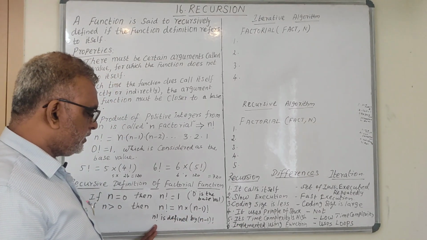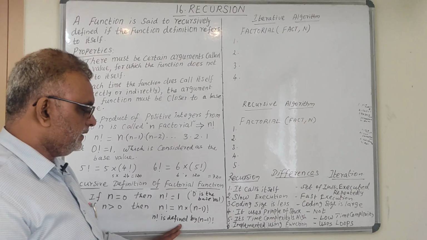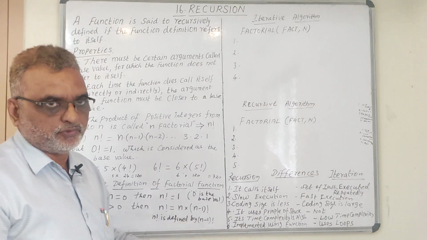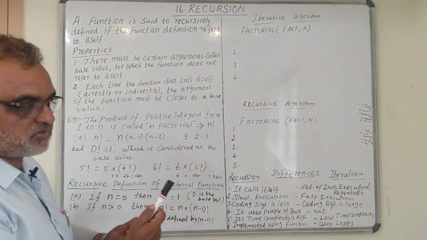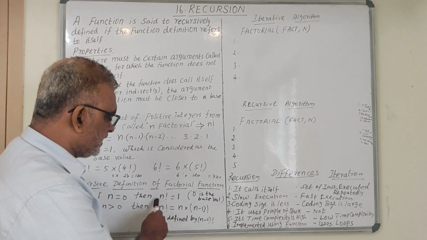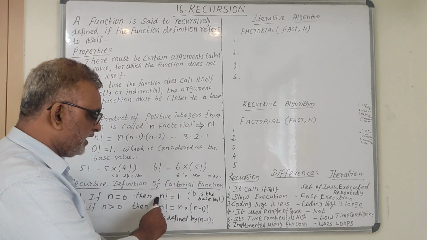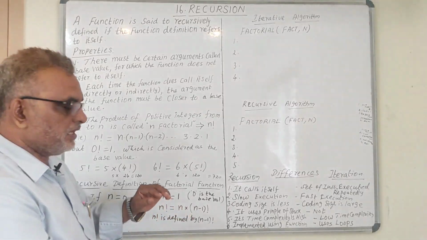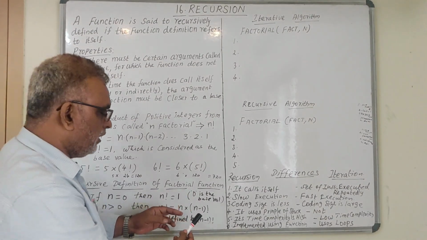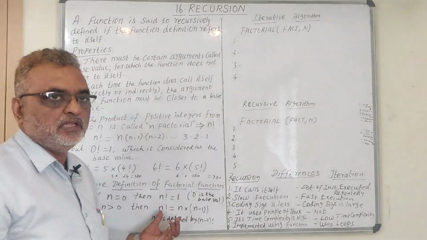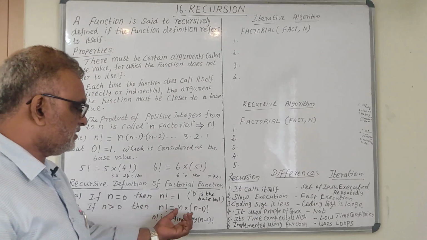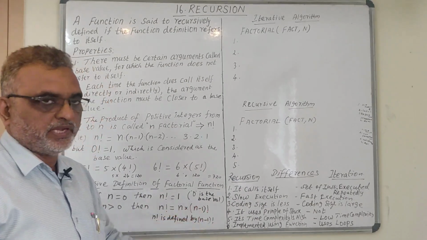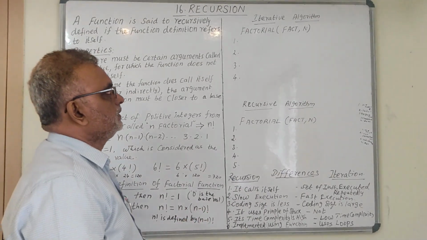So n factorial is defined by n minus 1 factorial, and that is what is called recursion. We want to calculate n factorial, but it can be calculated with the help of n minus 1 factorial. That is the formula, n into n minus 1 factorial.